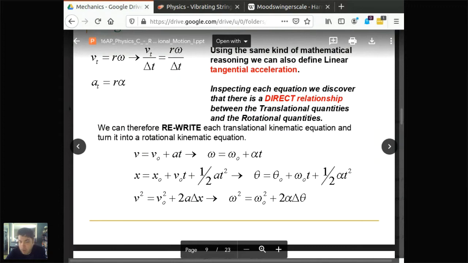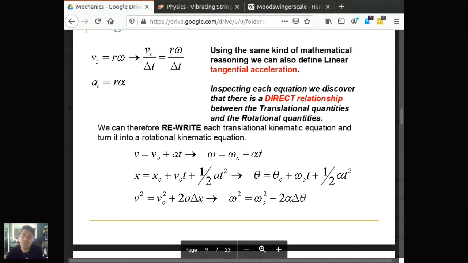The last equation is not, but if you just say, anytime I see a v in an equation, that's a velocity, I'm going to replace it with an omega. That's an angular velocity. And anytime I see an a, I'm going to replace it with an alpha, because that's an angular acceleration. And anytime I see an x, I'm going to replace it with a theta, because that's an angular distance. And that lets you generate those other ones.